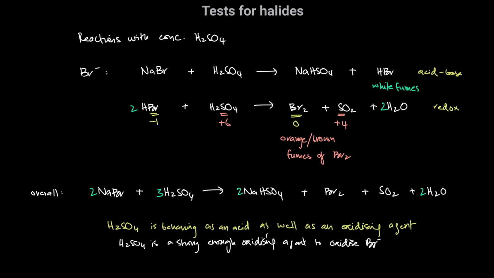And because bromide undergoes oxidation more readily than chloride or fluoride, in this case we can say that bromide is a strong enough reducing agent to reduce sulfuric acid. So this overall process is basically two separate types of reactions taking place. We have the acid-base reaction and the redox reaction.